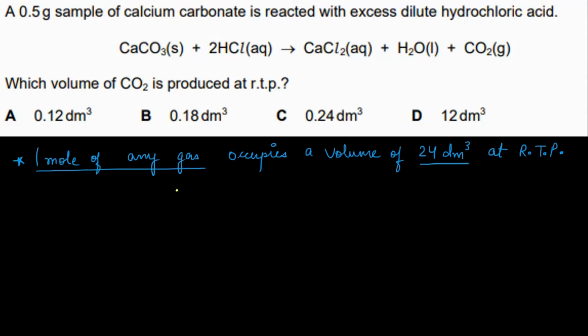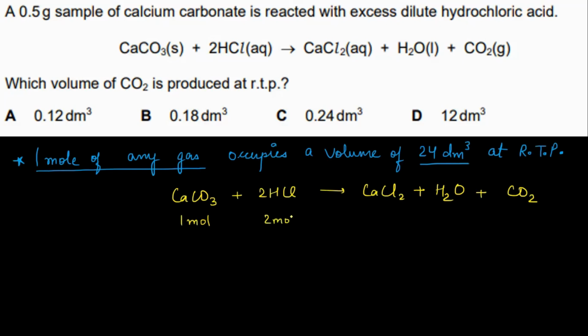So we will write the equation here. CaCO3 plus 2HCl gives CaCl2 plus H2O plus CO2. Now the mole ratio is 1 mole, 2 mole, 1 mole, 1 mole, and 1 mole.